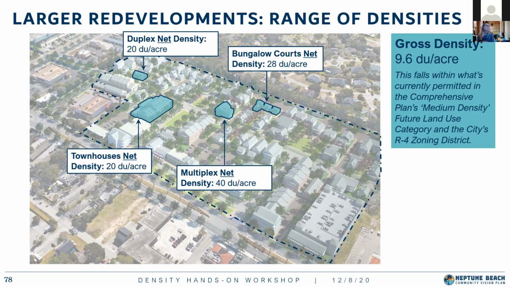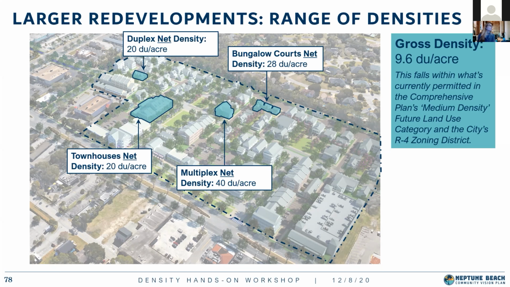But the other thing it illustrates that is interesting is that difference between gross and net. So these large redevelopment sites, when you look at them overall, because they're providing public green spaces and adding new streets and parking areas and trees and all these other amenities, they can have low gross densities while still accommodating a variety of different building types with different individual net densities.